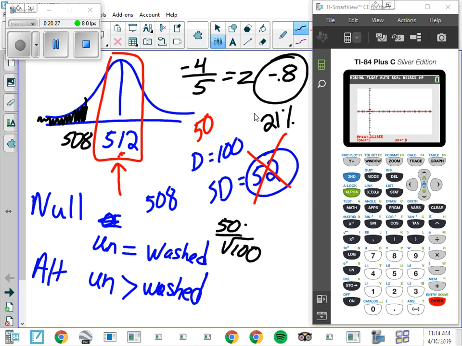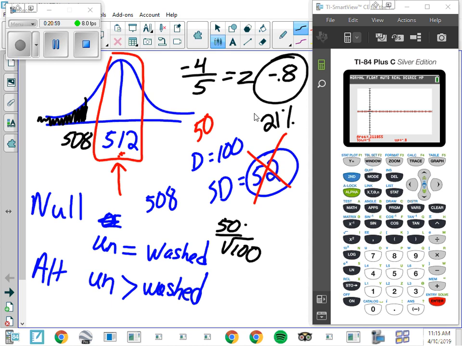How much lighter did it get? We don't know. A z-test or a t-test does not tell you how much lighter it became. It just tells you if it did get lighter or not. Okay? If you wanted to figure out what the true weight was, then you would need to do a 95% confidence interval. So z-tests and t-tests do not tell you how much lighter it is.